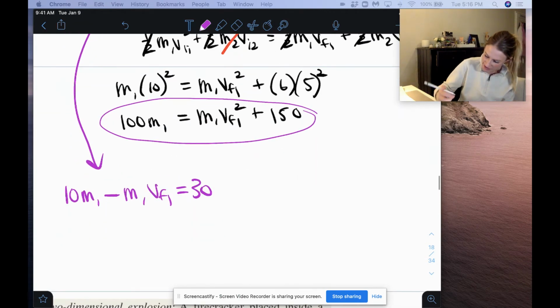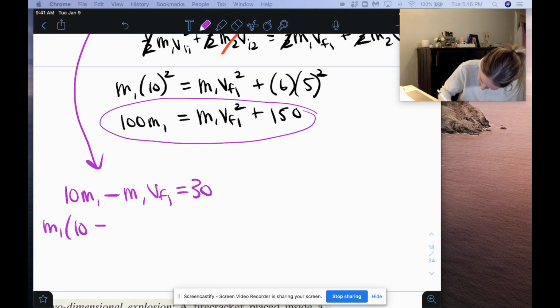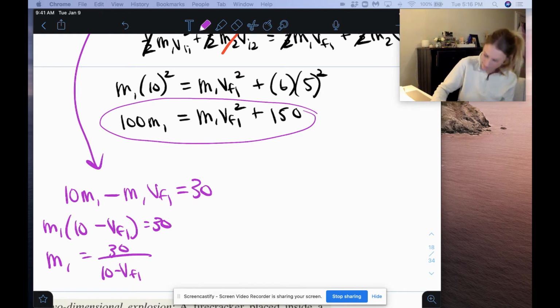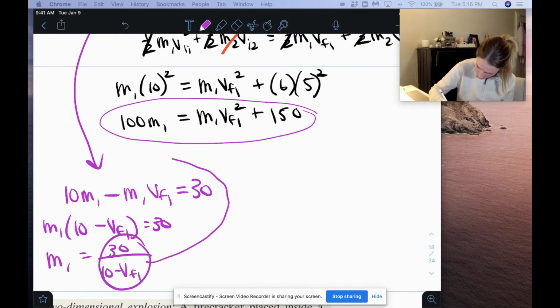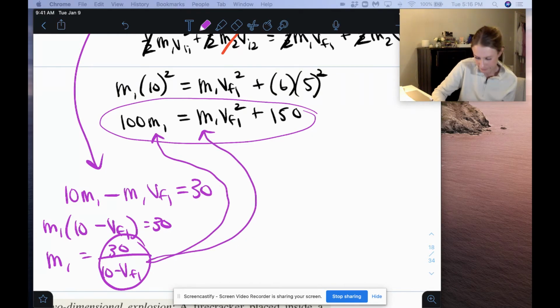I'm then going to factor out, oh my gosh, I'm running out of room. I'm factoring out an m1. So I get m1 times 10 minus v final 1 equals 30. And so here I get m1 equals 30 divided by 10 minus v final 1. So now this term right here is then going to go into both the m1s here and here.